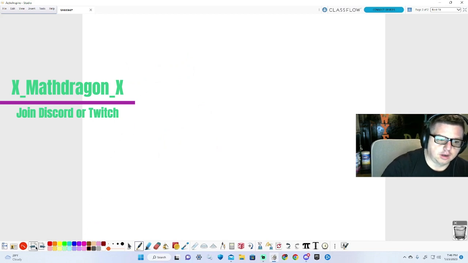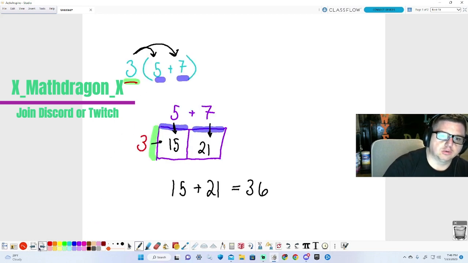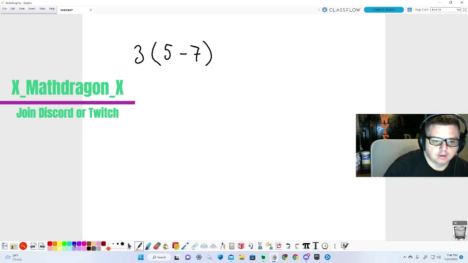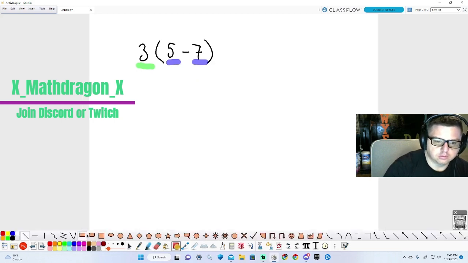So let's try. Actually, let's pull this and they'll do 5 minus 7 as opposed to 5 plus 7. So we'll put our 3 and we'll do 5 take away 7 or 5 minus 7, however you want to read it. We have one term by two terms. And we are just going to draw our box.